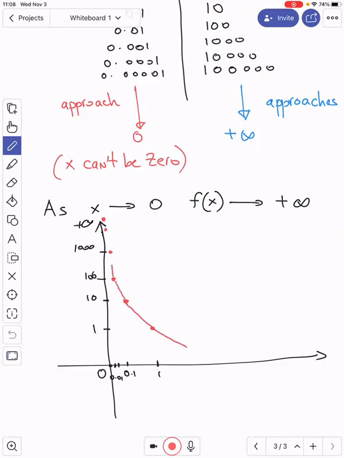So the graph of f is going to go up, all the way up, because the values of f are going to go to infinity. We said f is getting very large. But the thing is, you don't touch this y-axis.